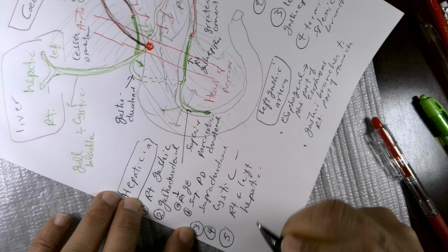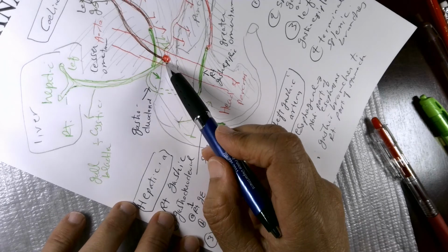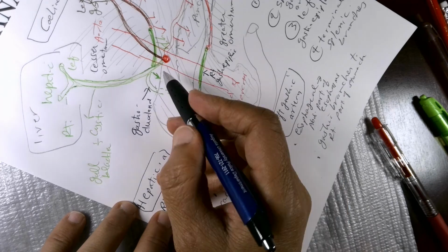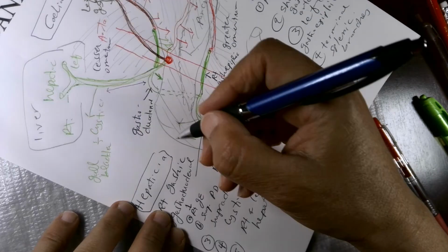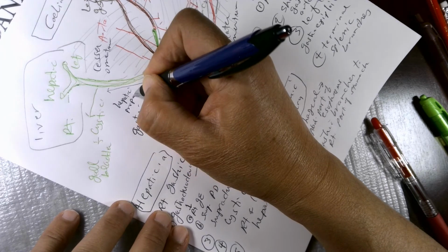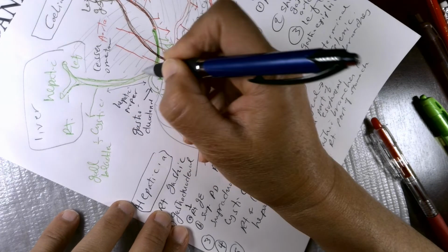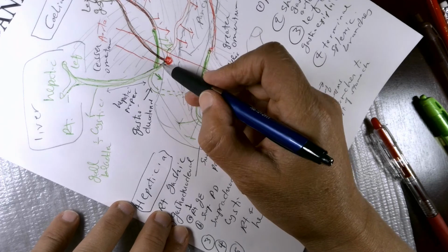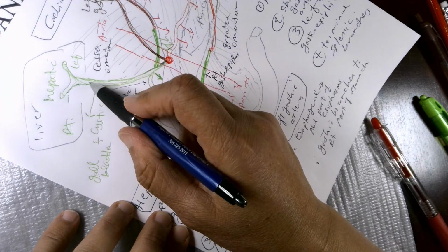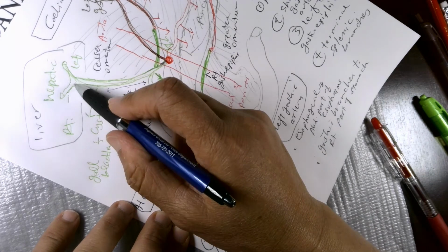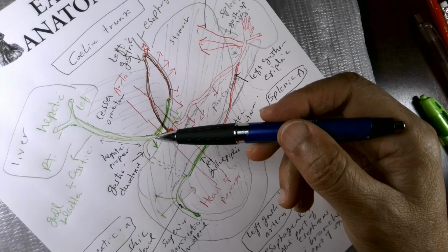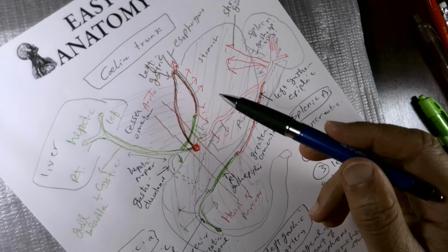Okay, sometimes we call this one common hepatic, and distal to the gastroduodenal from here we call it hepatic proper. This one is common hepatic because it didn't divide yet into branches, and this is hepatic proper because it's going to the liver only.